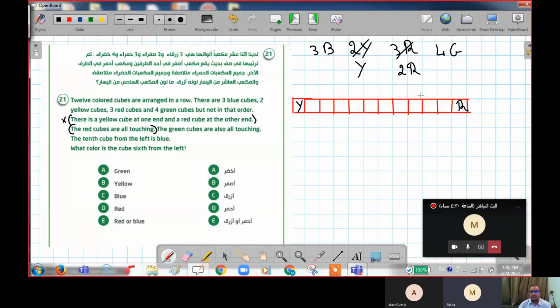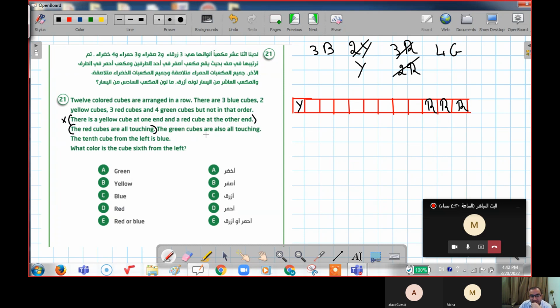That they're close together? Yes. So we have 2 red cubes, so it will be red here and red here. Okay. So we have only now 3 blue, 1 yellow, and 4 green.